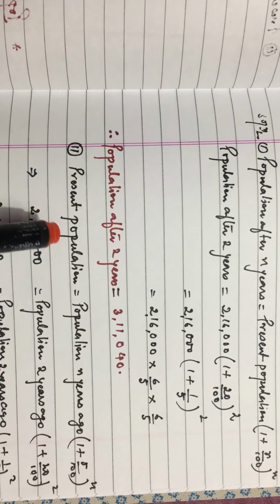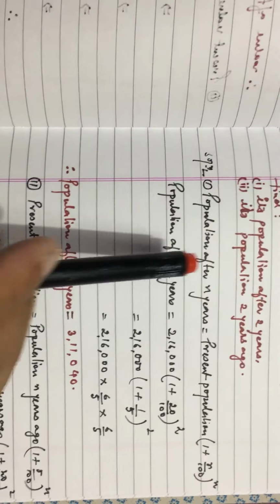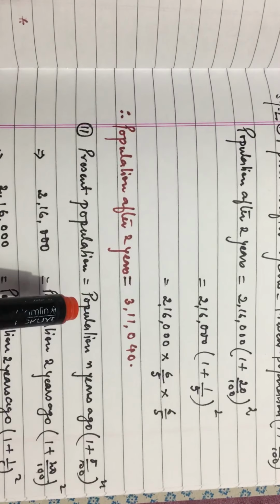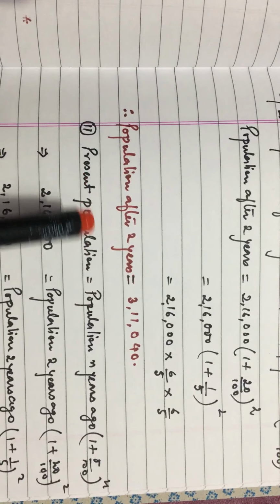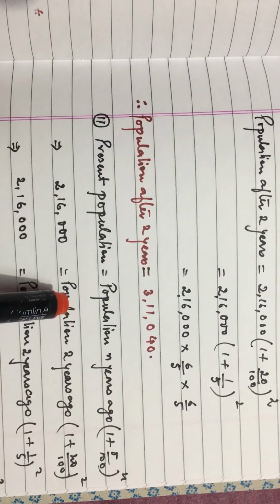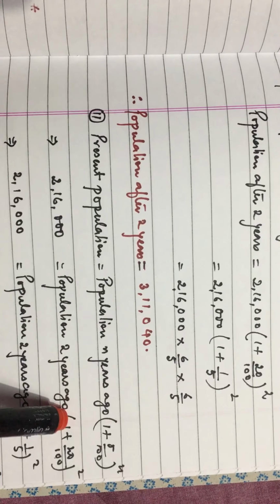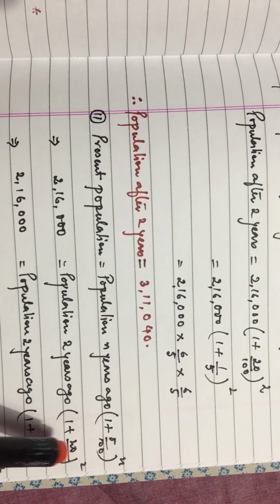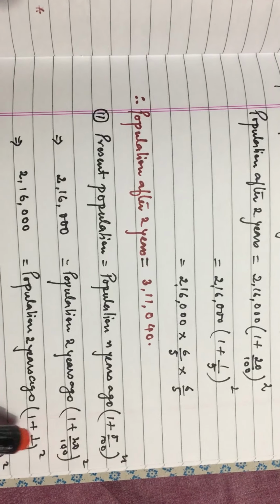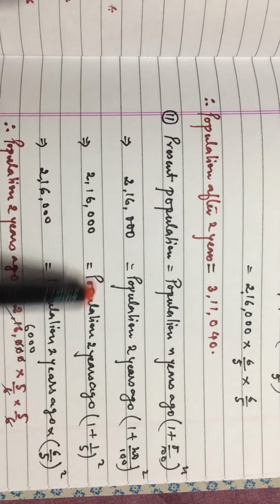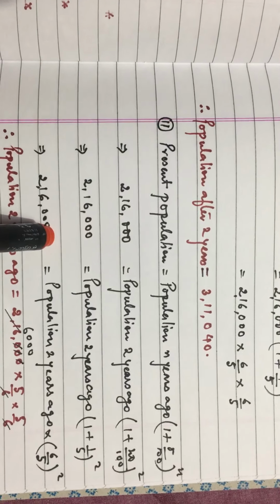Now see, in the second part we have to calculate the population 2 years ago. So we have to use this formula: present population is equal to population n years ago times (1 plus 20 by 100). This cancels: 20 ones are 20, 20 fives are 100, 5 ones are 5 plus 1, 6 by 5, and on this side the present population is the same.